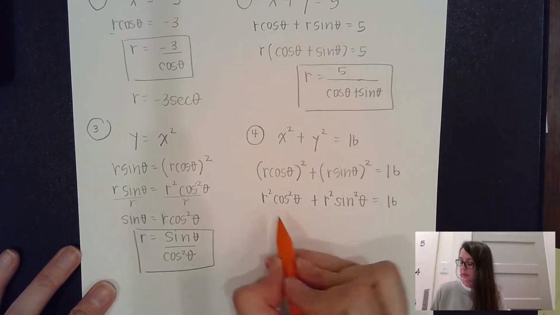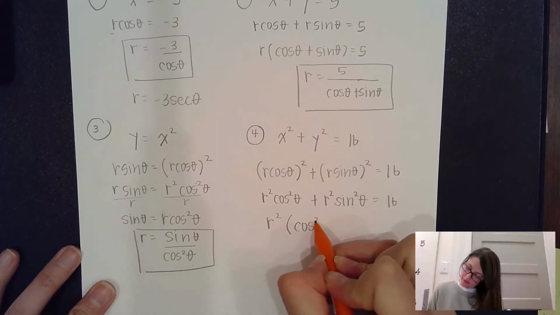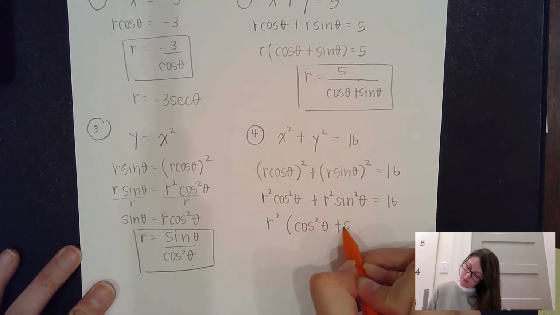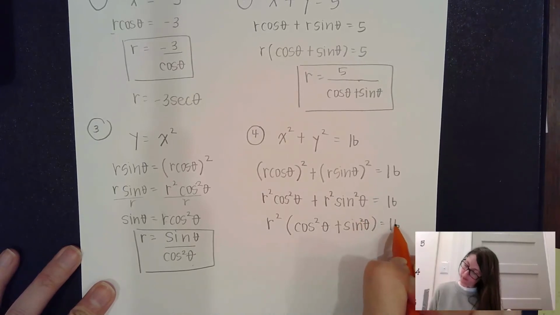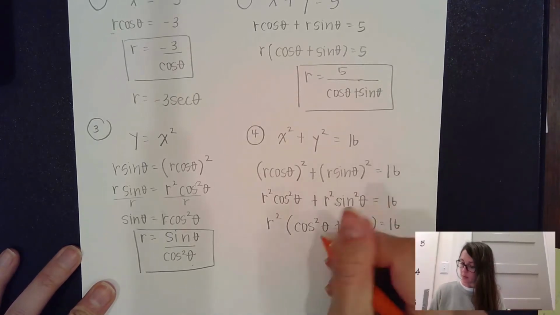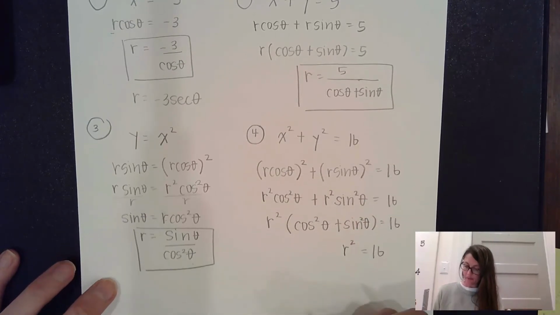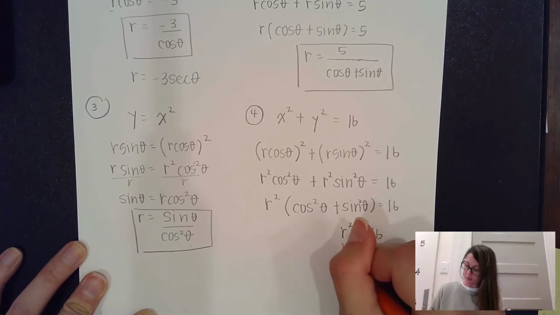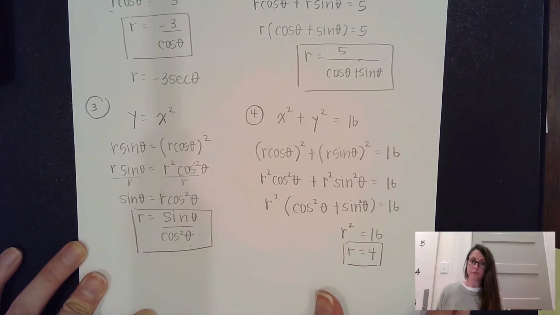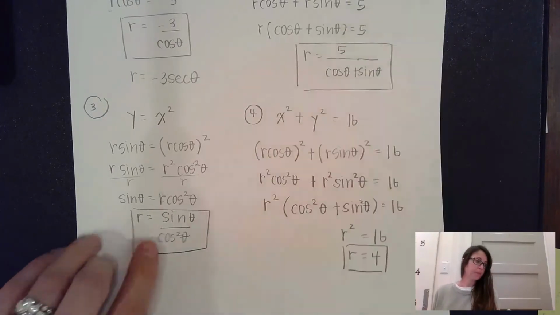So I could factor out an r squared, and I would have cosine squared theta plus sine squared theta. Well, cosine squared plus sine squared is 1, so this will just be r squared equal to 16. Take the square root of both sides, so r is going to be equal to 4. Not too bad.